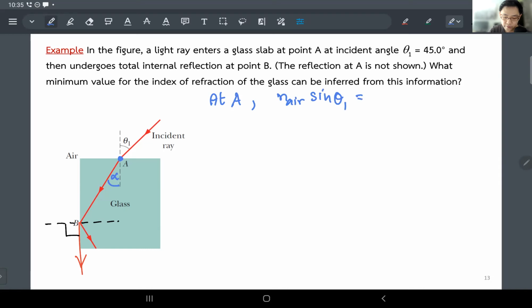Now you move into the glass, so you write n in glass and put sine alpha there. You can plug in the numbers: n in air is 1, theta1 is 45 degrees, n in glass is what you want to figure out, and alpha is unknown. So you can keep this as equation number 1.